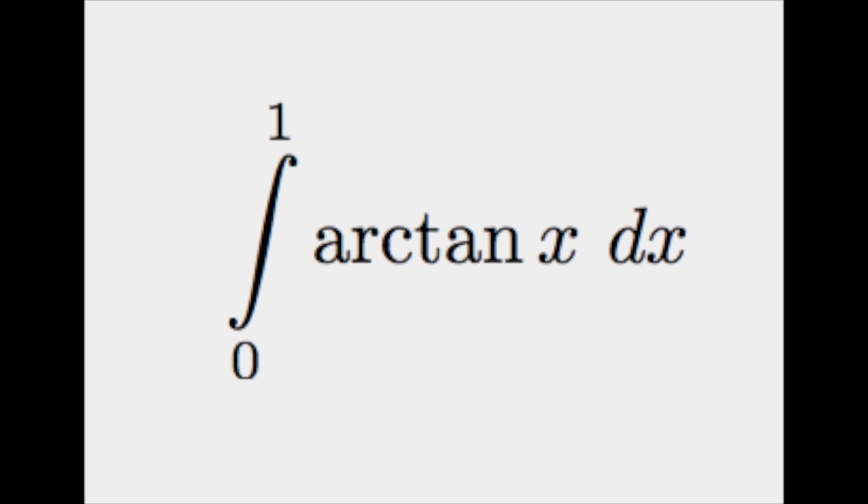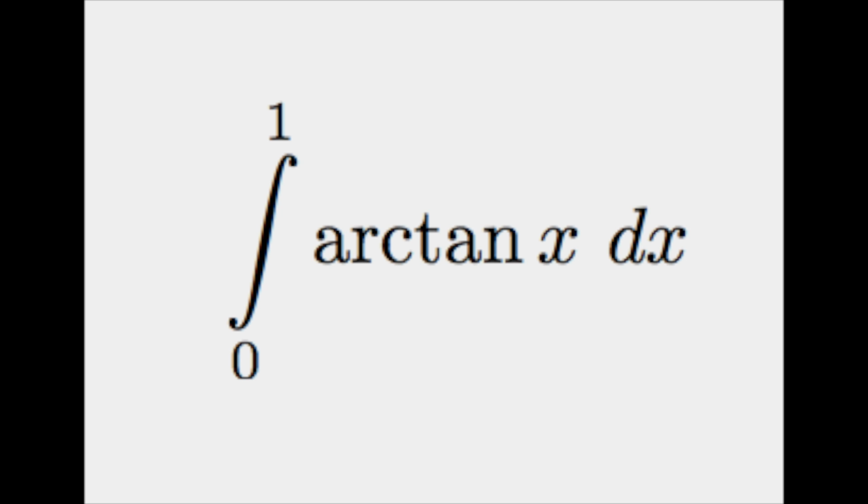For our last example, I wanted to do the integral of arctangent of x dx from 0 to 1. I wanted to do this example because we had not done one with bounds of integration in this video. Now, the actual idea behind handling the antiderivative is very similar to the ln of x problem that I had already done.